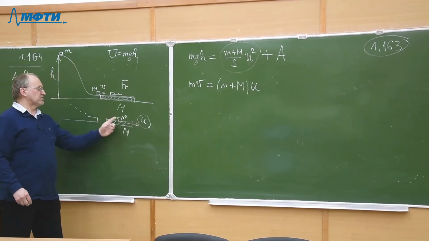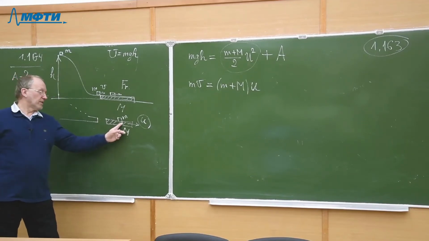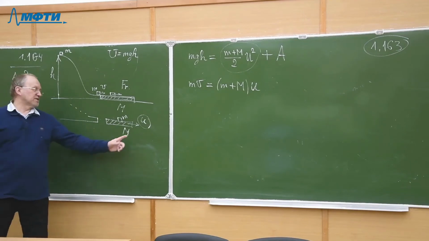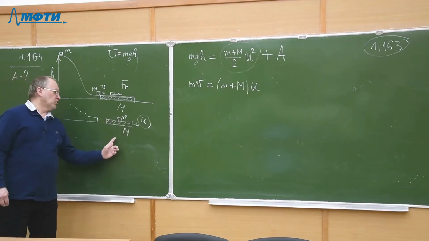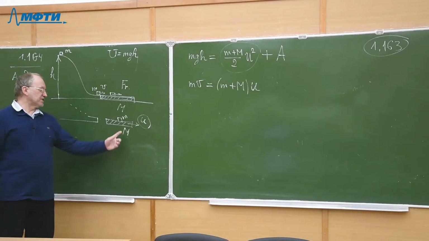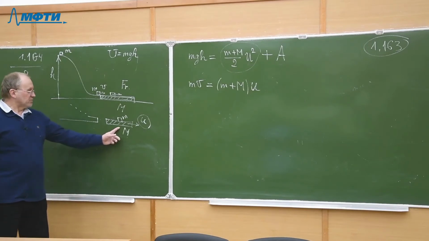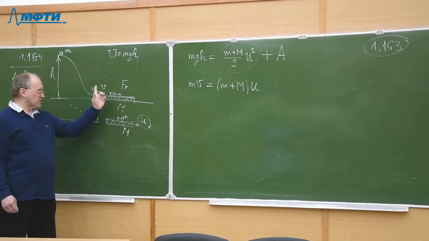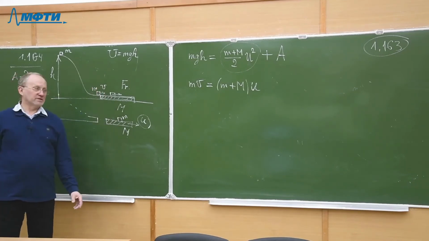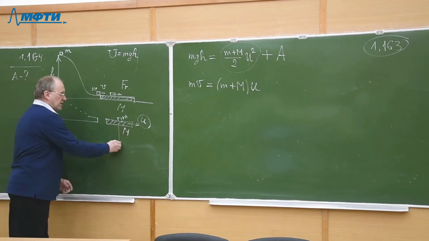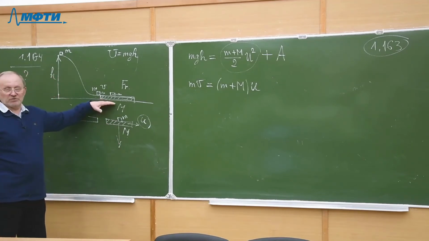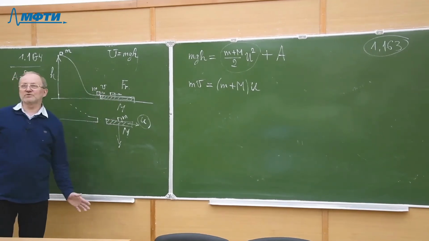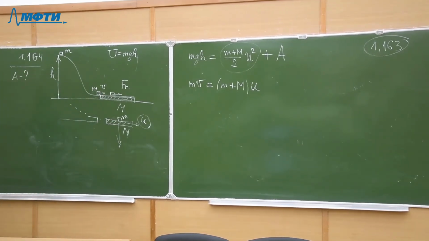But these forces of friction are internal forces in the system of two bodies, and no other external forces act on this system. Or, in this particular case, all the external forces balance each other. That is the force of gravity and the force of reaction of the table surface. These two forces balance each other. So the external forces may be considered as absent here.